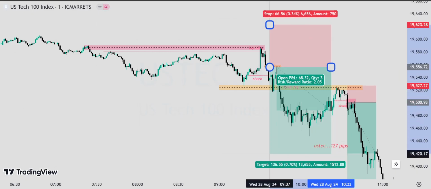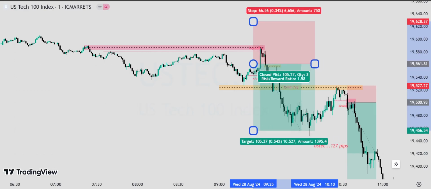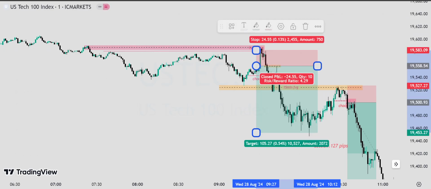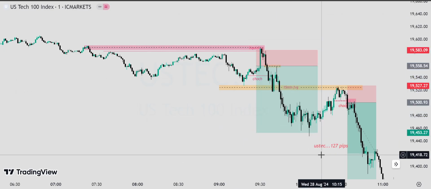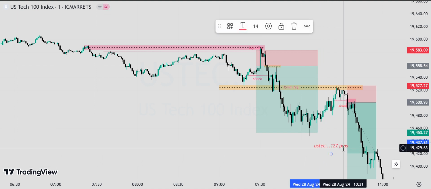Our target was 100. Most of the time we target 100 if there is no structure below. And this was 100. So US Tech has given you, after 9:30, an opportunity which was 100 pips.